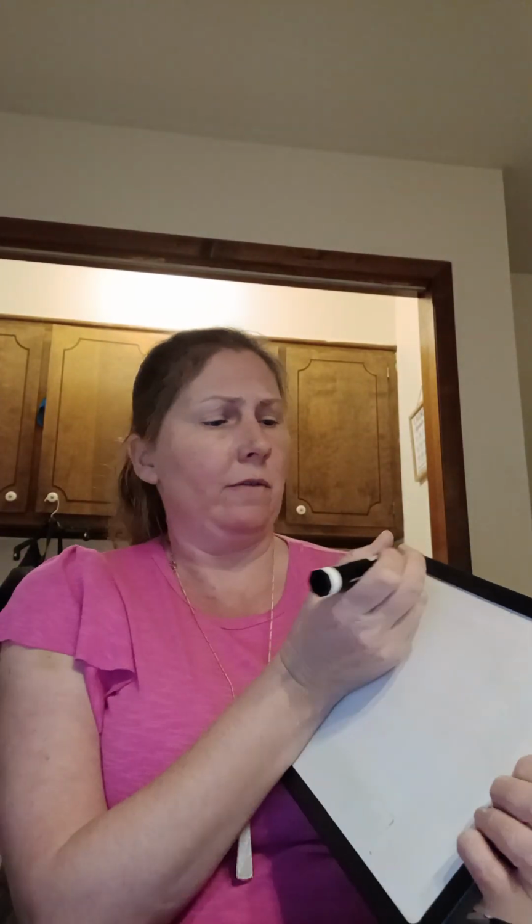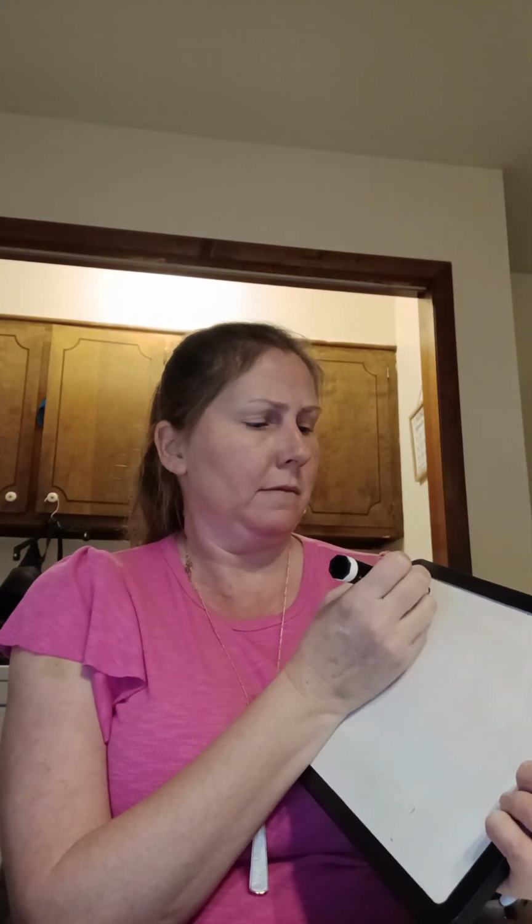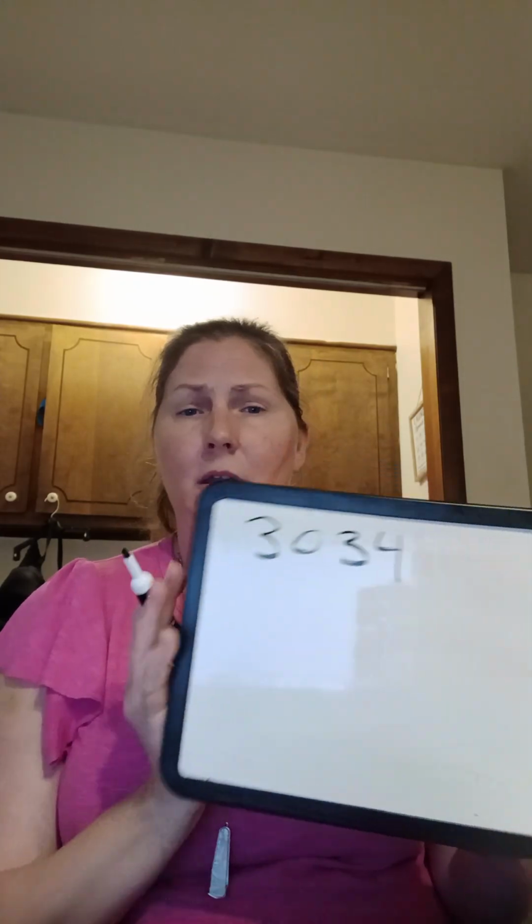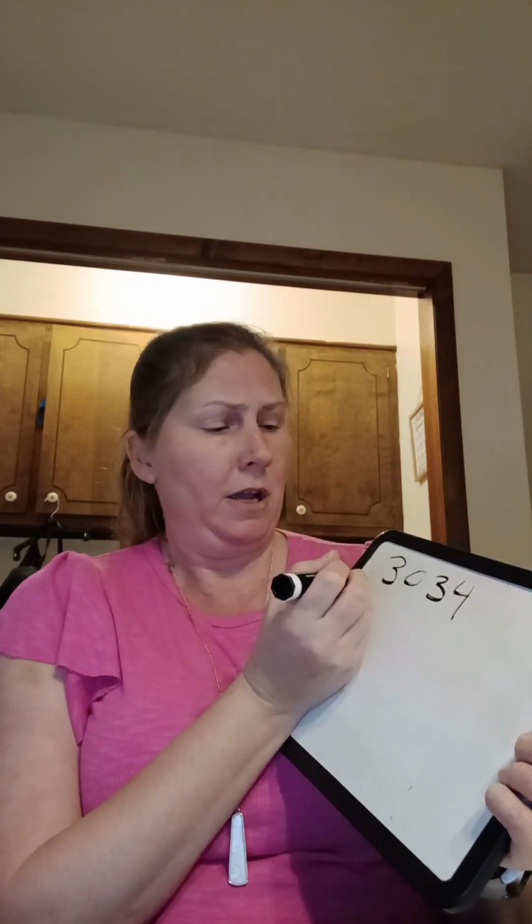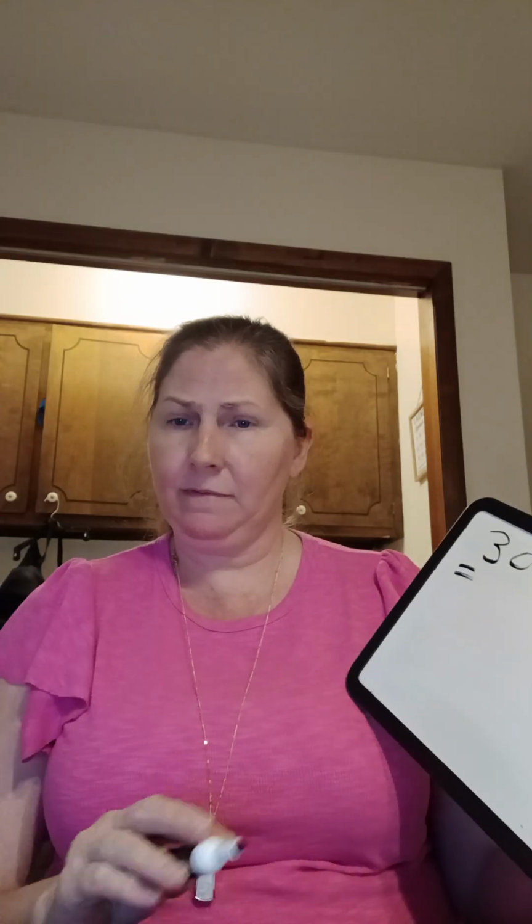And for our abstract part of the CRA approach, which is using symbols and numbers and writing it out, I will do that on a whiteboard as well. So I'm going to write our number up here in black. 3034. And I'm going to put an equal sign there.